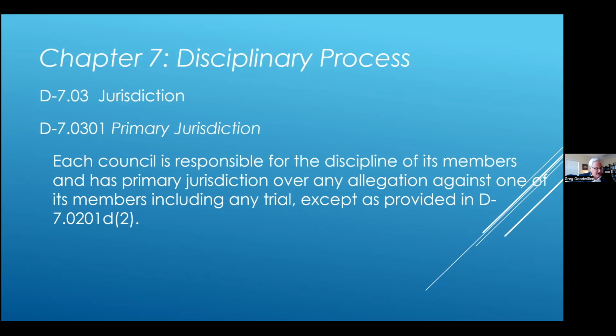So first exception is ruling elders who are commissioned to service by presbyteries are accountable as provided in 702.01. So commissioned pastors are under the jurisdiction of the presbytery if the alleged offense occurred while they were commissioned, and this is a change from the rules of discipline.